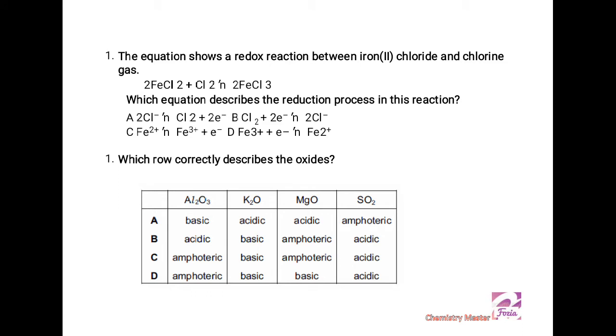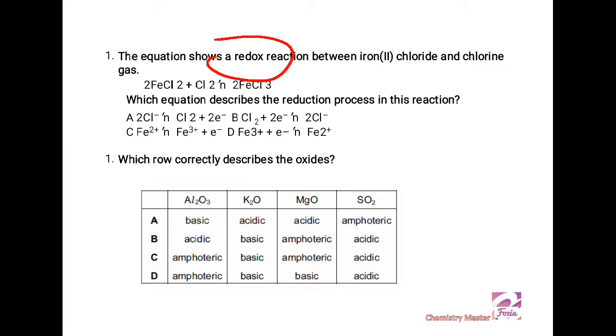The MCQ shows it involves the redox reaction between iron chloride and chlorine gas. So first, revise what redox reactions are. Reduction and oxidation can be explained on the basis of loss of electrons as oxidation and gain of electrons as reduction.